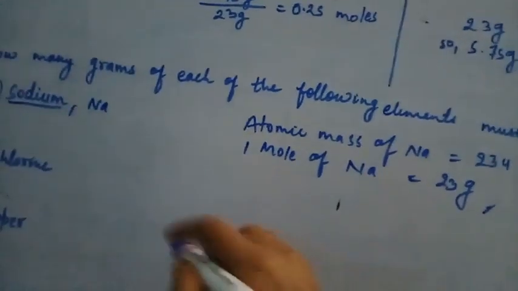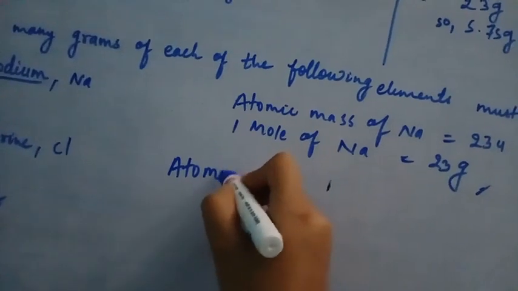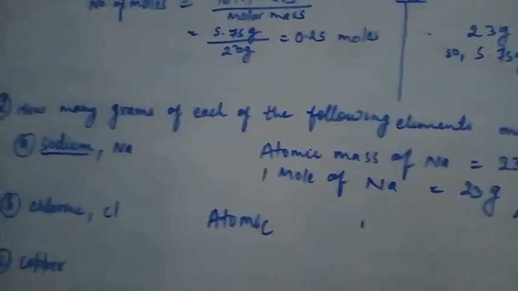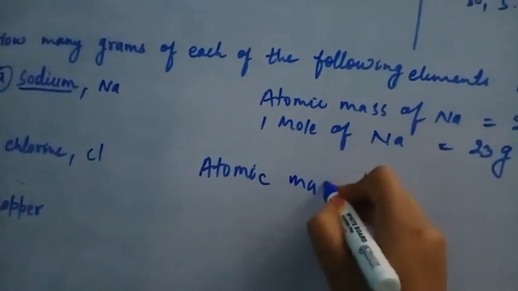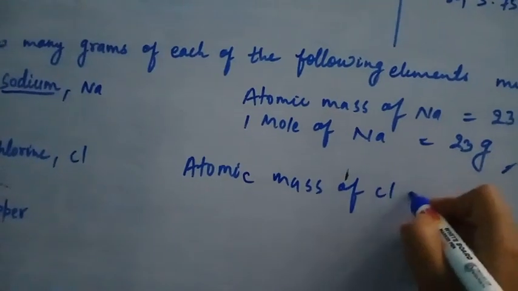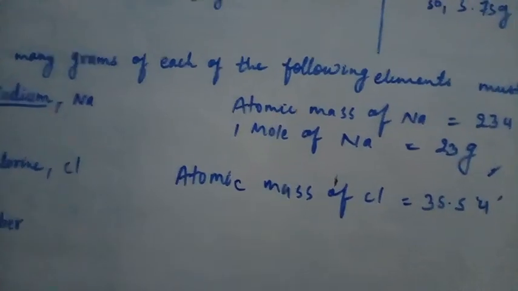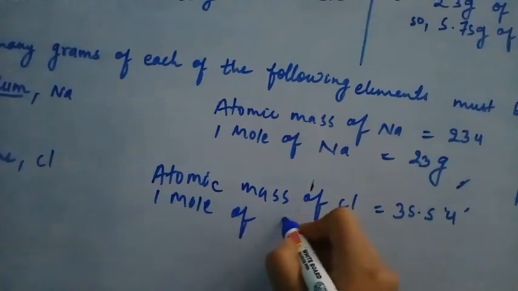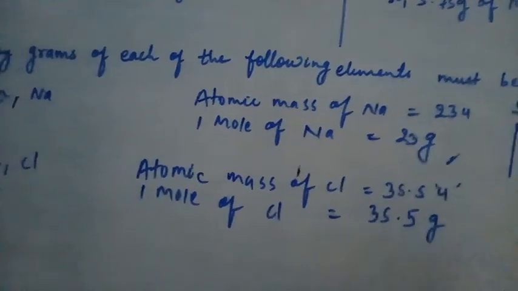Okay? Similarly for chlorine, to find out the number of grams in 1 mole of chlorine, you should know the atomic mass of chlorine, which is equal to 35.5 U. So 1 mole of chlorine will be 35.5 gram. Directly we can write.